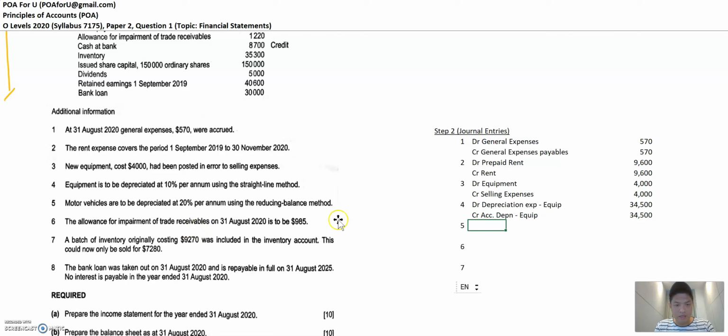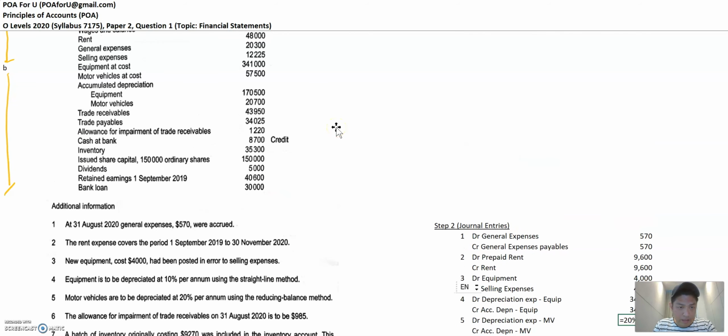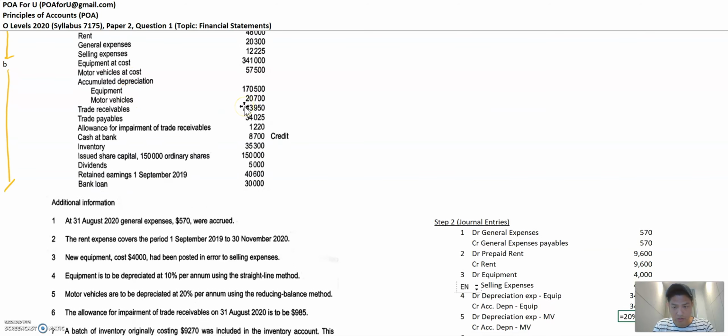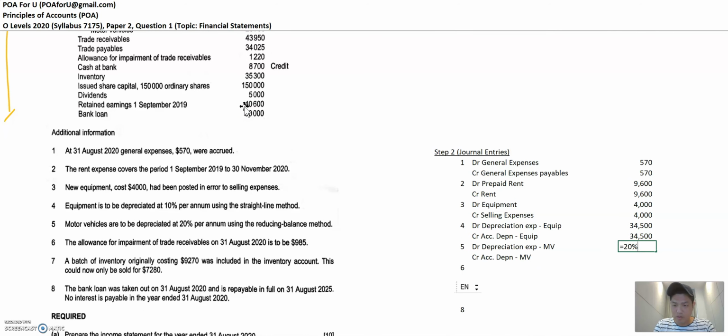Now the depreciation journal entries are standard, like I said, so these are the two journal entries, debit and credit. I'm just going to change the header so that I'm not confused what it belongs to, and it's 20% on reducing balance method. So let's look at reducing balance method. Reducing balance method takes the cost 5,700 and you less off the accumulated depreciation in the beginning, which is 2,0700, and then that will give you your answer.